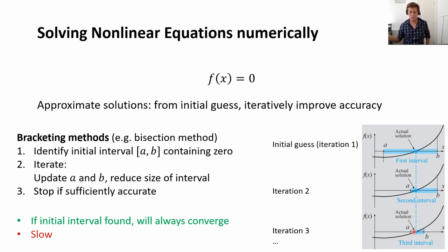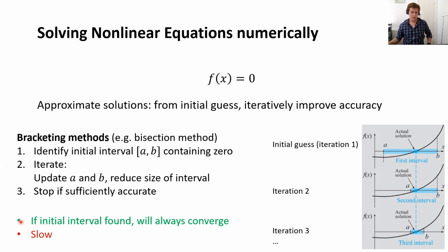That's not a known value, but we know a and b. As we get this interval smaller and smaller, we get a better and better approximation for this solution, the blue dot. Finally, we stop if this is sufficiently accurate.